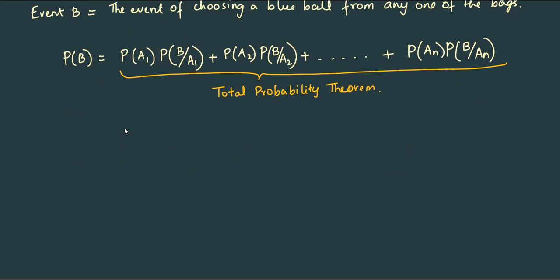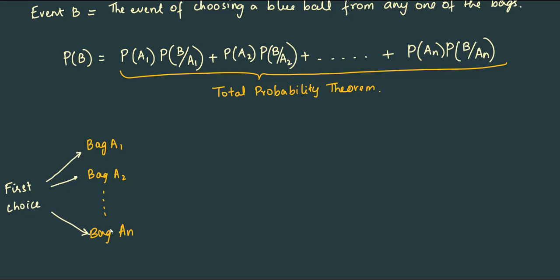I'll draw it like this. This is bag A1, bag A2, bag AN. This is our first choice, between choosing bag A1 or bag A2 or bag AN.